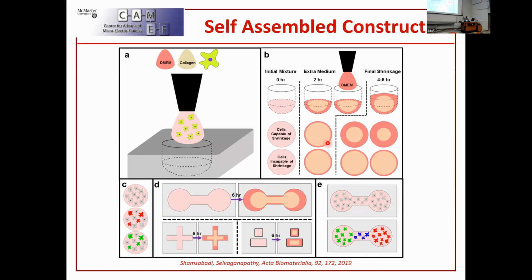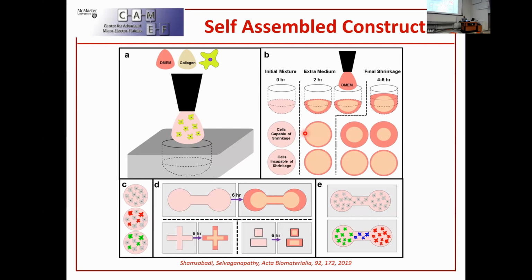And so what we did was to create microscale molds of different shapes using microfabrication approaches. So for instance, this is sort of a dumbbell shape, a cross, a square, or a rectangle. And if you seed it and change the pH, what you end up with is these cellular assemblies in the same shapes as the mold.